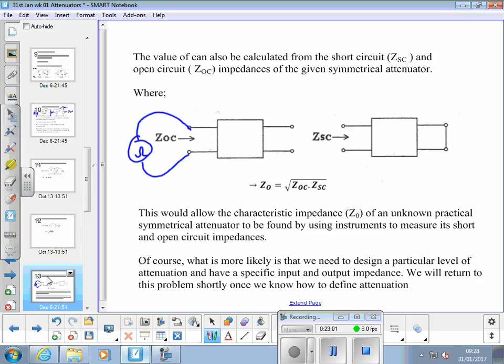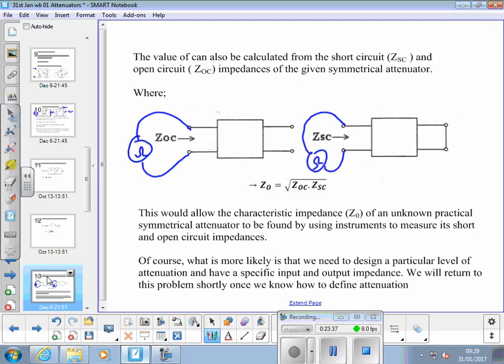You can measure again with the output short circuited, and then use that simple formula there to calculate what the characteristic impedance of that attenuator is. So that's quite a practical thing that could well be useful in the field if you're working with attenuators. Not saying you would be, many of you won't, but that's what you could do.